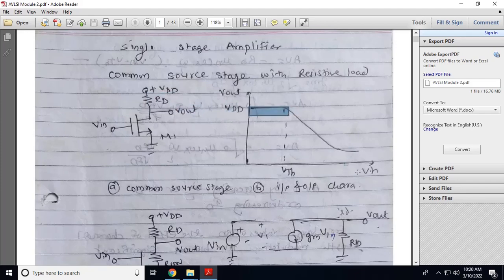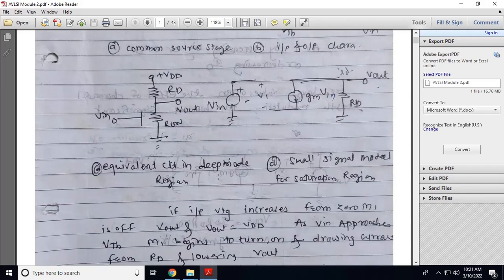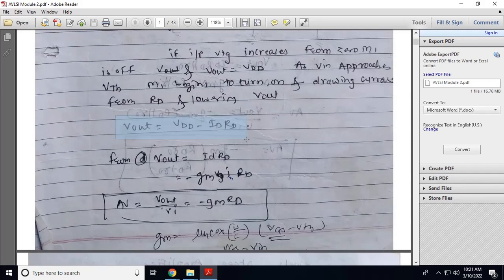When input voltage is equal to VTH, the channel is created and electrons move from source to drain, and current starts to flow. When current is flowing through this resistance RD, output is equal to VDD minus the drop across RD, that is ID into RD. So V out is equal to VDD minus ID into RD.